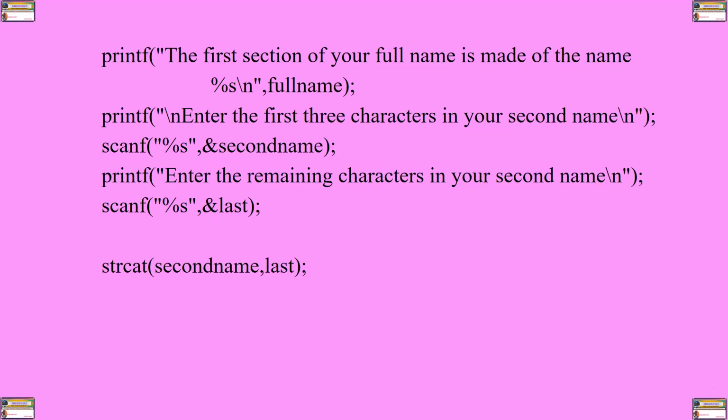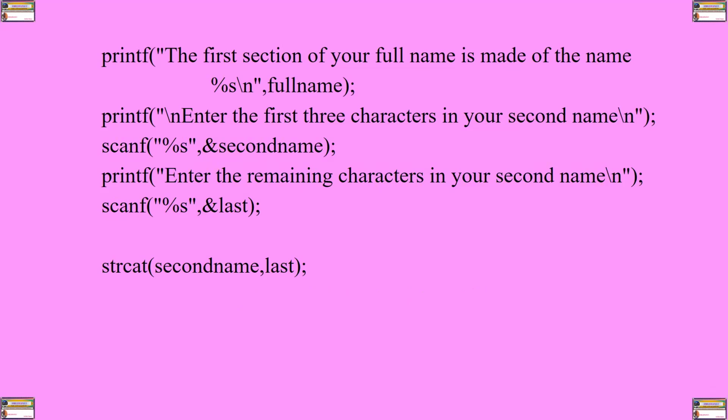From there, this statement is performing the work of the strcat function. It is telling the compiler to pick the content in the memory location called last and the content of the memory location called second name, and join the two.